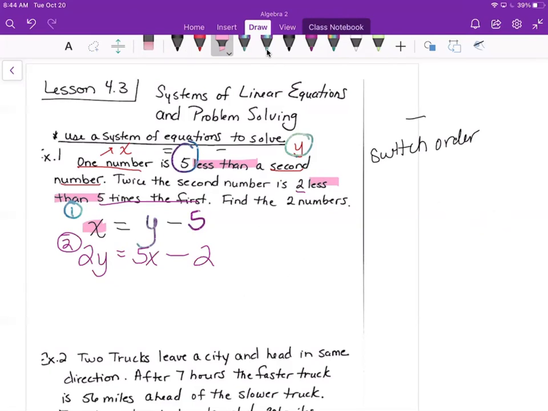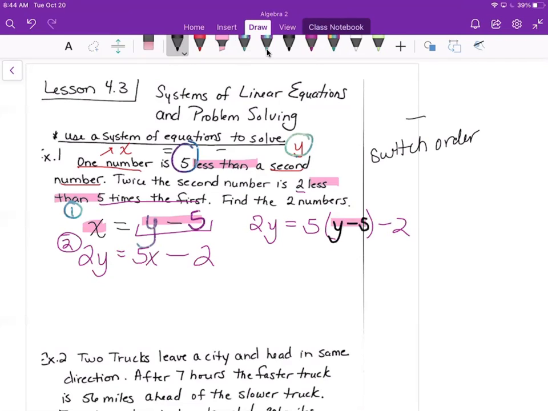So I'm going to use x equals y minus 5 and plug the y minus 5 into the other equation. Equation 2 is 2y equals 5x minus 2, and I'm going to substitute that y minus 5 right here in place of the x.